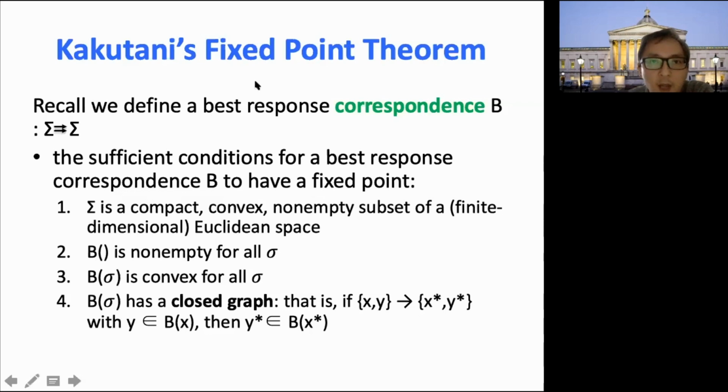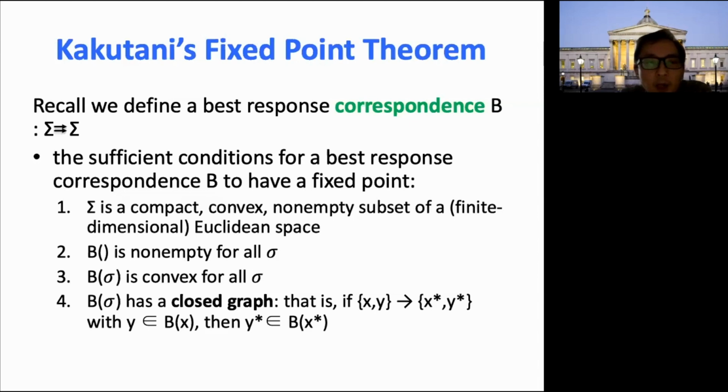We're not going to go through the fixed point theorem itself, but rather use it to prove the existence of Nash equilibrium. What we need is the mixed action set, sigma, and the best response function. If they satisfy those four conditions, then this mapping has a fixed point, and therefore that proves the existence of a Nash equilibrium. That's the logic behind it.